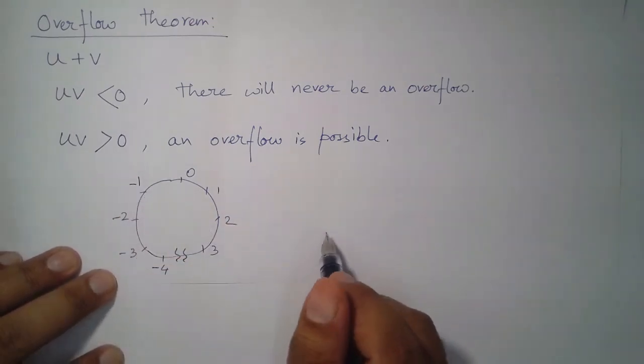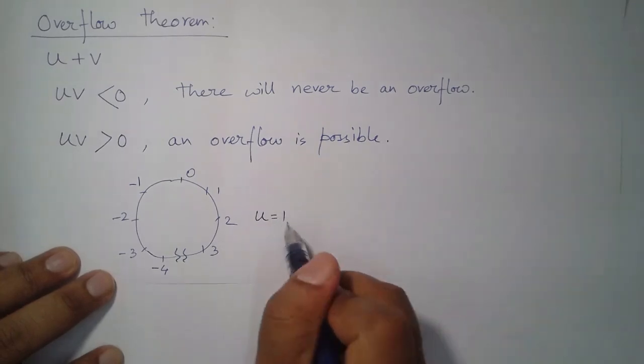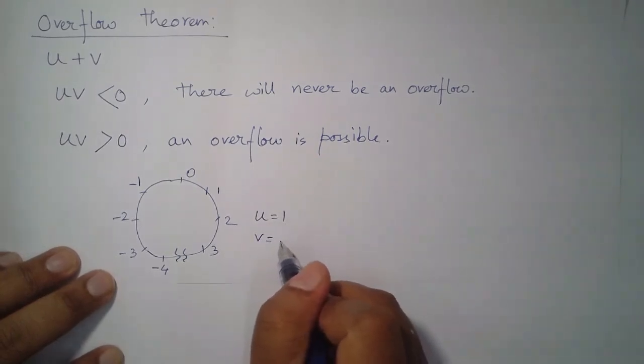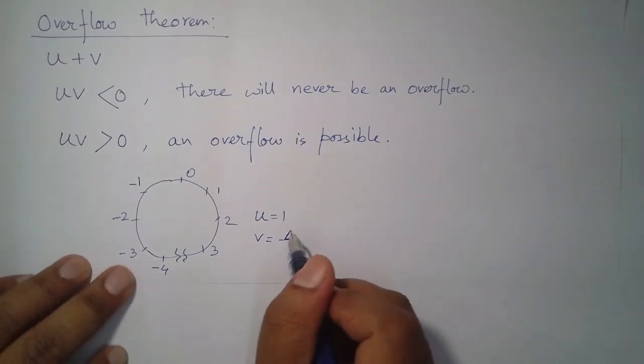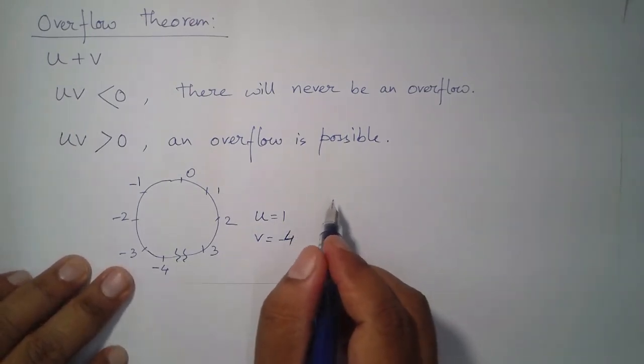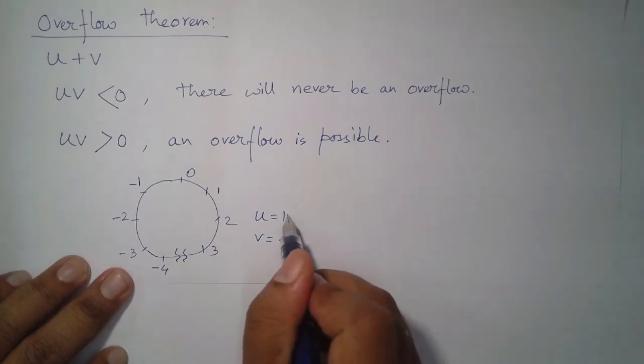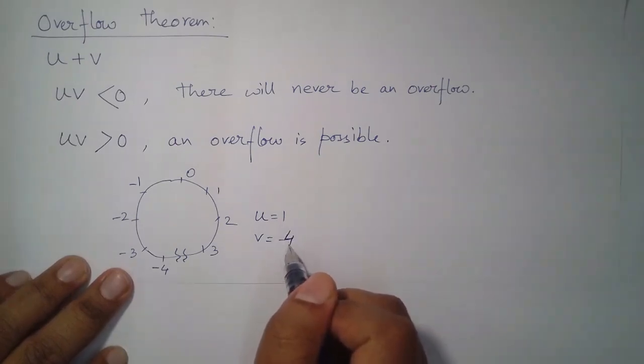In this case, let us say my u is 1 and v is -4. All right. So will it result in an overflow? So u multiplied by v is -4, so it is less than 0.